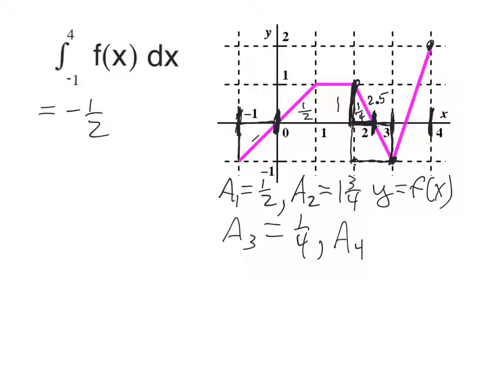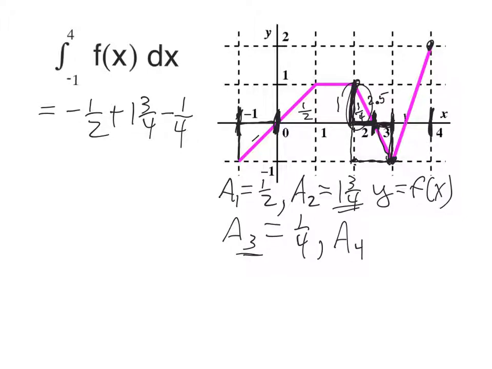Okay, same idea as this one up here. Okay, we better put in our numbers. This 1 3/4 was above the x-axis, so for the definite integral, that would represent a positive value. But then the area of our third, being below the x-axis, we'd have to say negative 1/4.